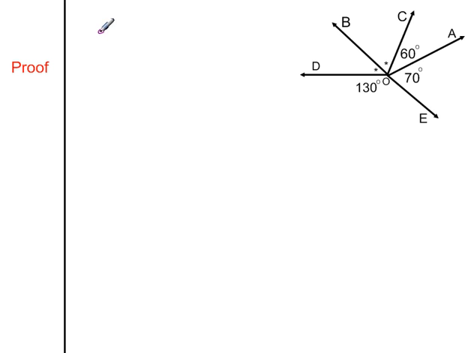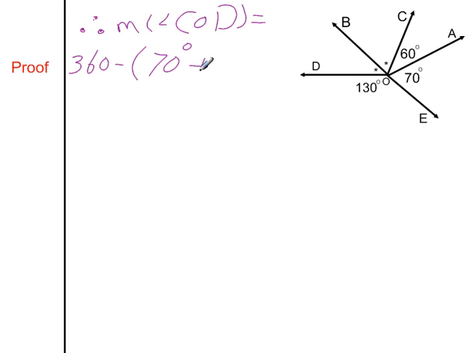Then we can say, therefore, the measure of the angle COD equals 360 minus (70 degrees plus 60 degrees plus 130 degrees). We will get 100 degrees. And we have another given. What is this given?